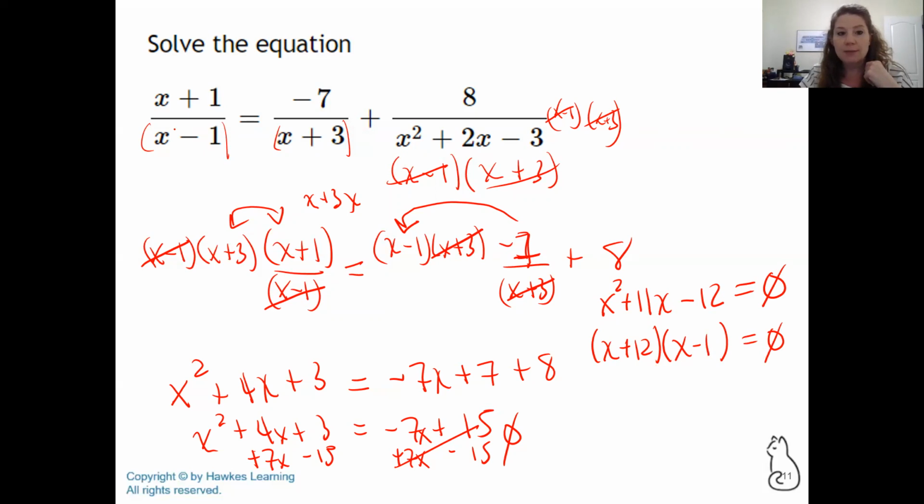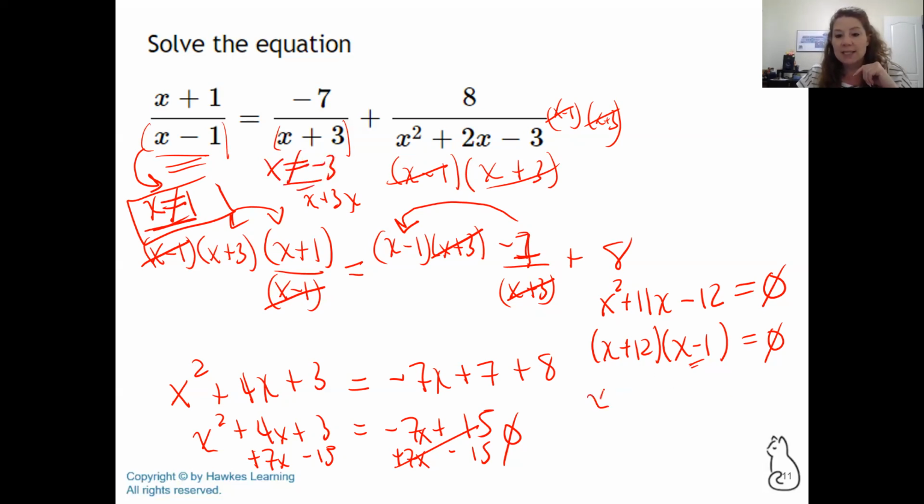Uh-oh, I already see a problem right here. You see it? All right, so if I had thought about our restrictions originally, one of the restrictions would be that x cannot equal +1, and we're about to get an answer of +1. The other restriction is x cannot equal -3.